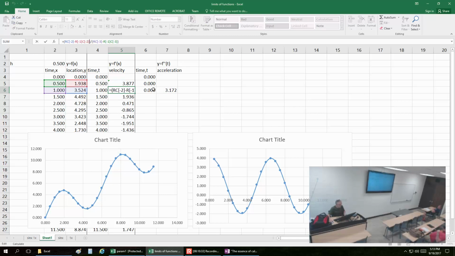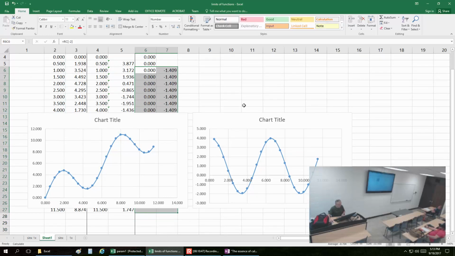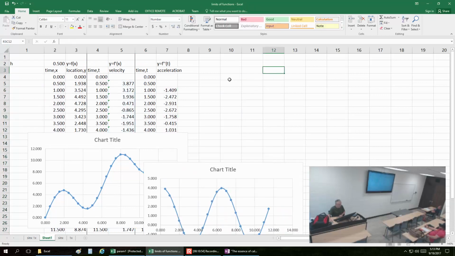Now I move 2 rows to the right, and this is acceleration computed in terms of velocity. What remains is just to have the whole data computed, and then plot it. Let me plot the acceleration.